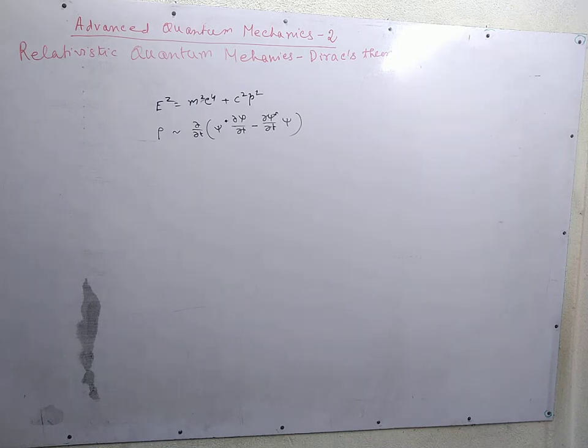Furthermore, this equation, as will be apparent afterwards, contains no spin term, so it is commonly known as the relativistic equation for spin zero particles.